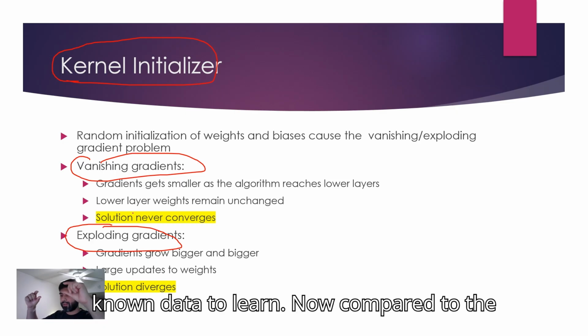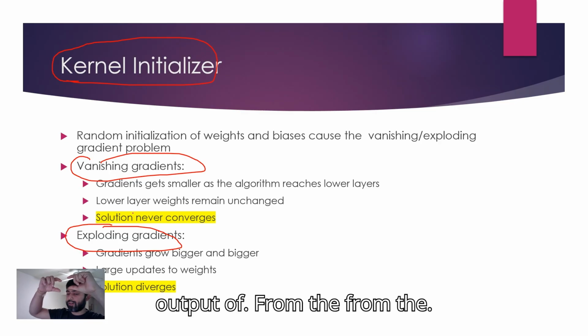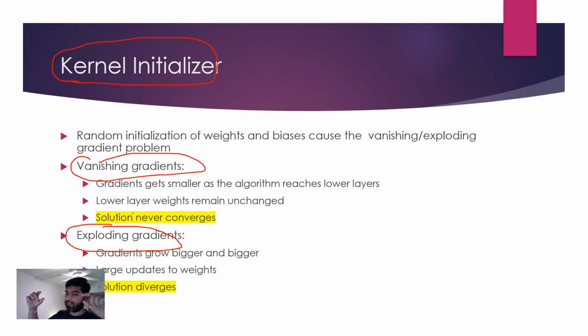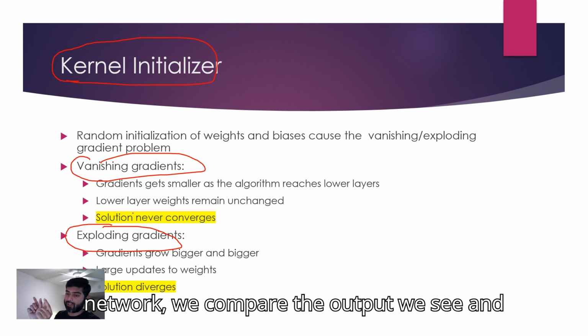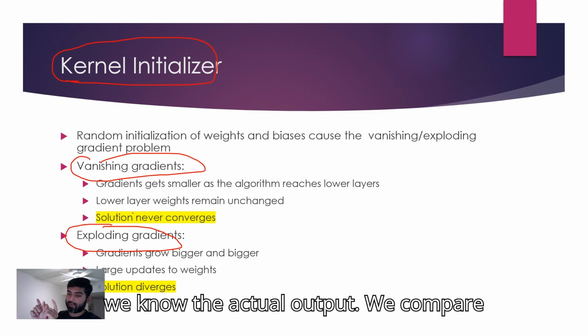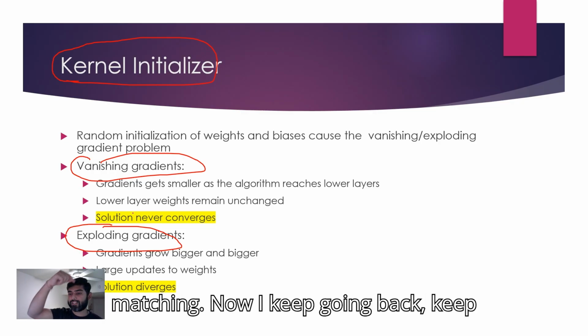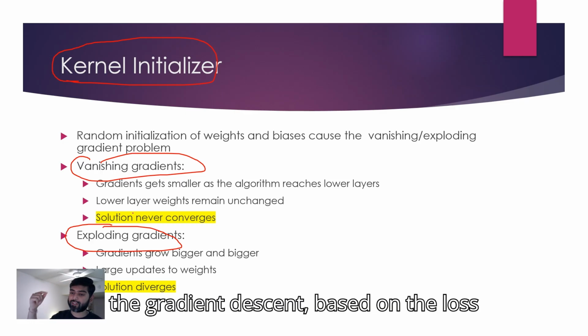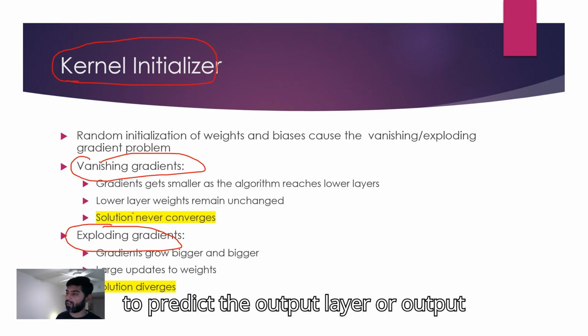Now, we compare the output from the dense layers, or from the neural network, with the known actual output, and realize that they're not matching. Now I keep going back, keep fixing the weights and biases based on gradient descent, based on the loss function, and come back again to predict the output layer or output neuron.